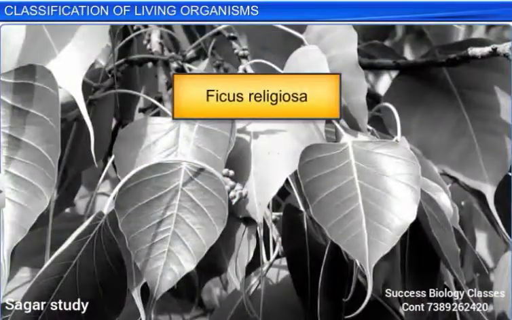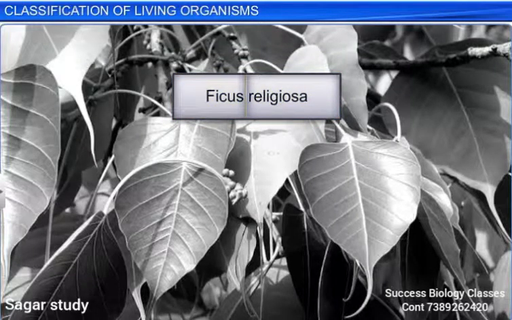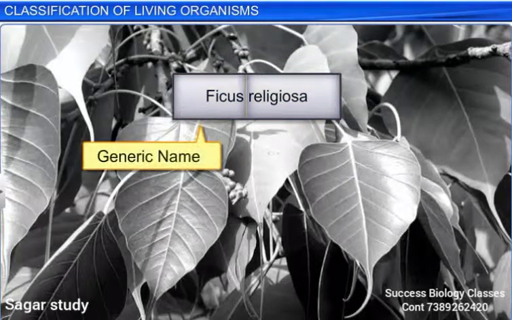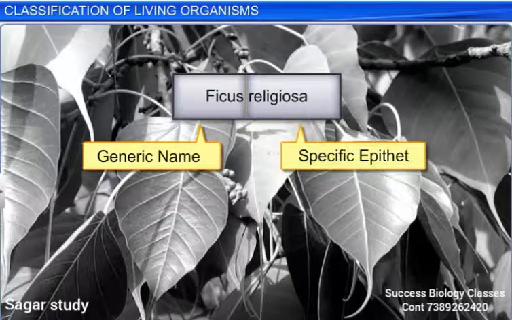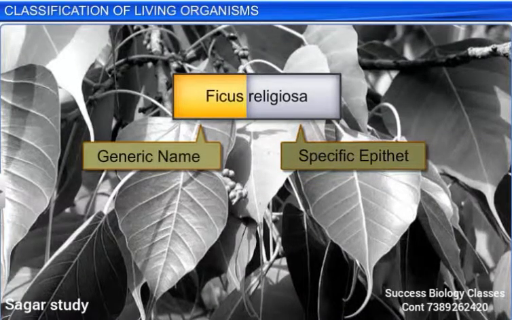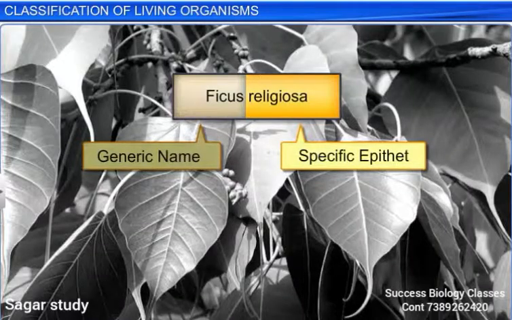Here, as you can see, the scientific name has two components: the generic name and the specific epithet. Ficus represents the genus or the generic name, while religiosa denotes the specific epithet.